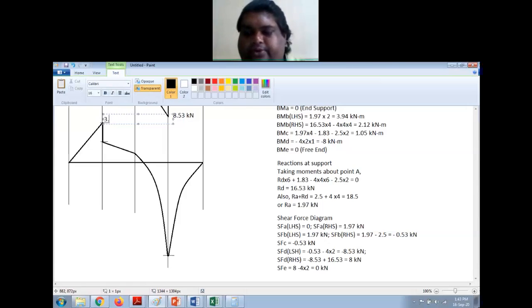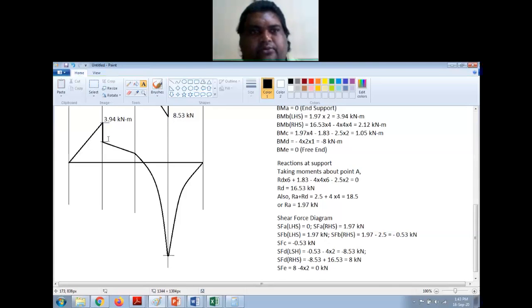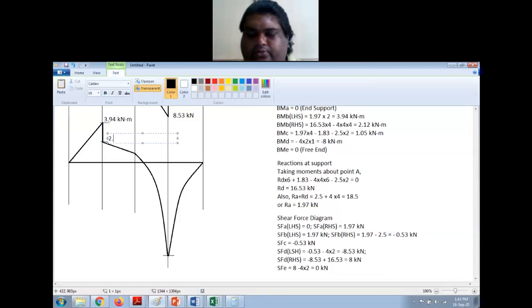BMB is 3.94 kilonewton meter. Then it is decreasing to 2.12 kilonewton meter. At this point it is 1.05 kilonewton meter.